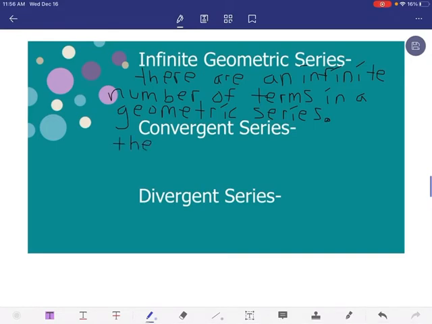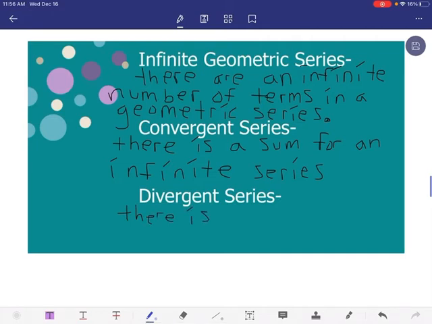Now, if it's a convergent series, that means that there is a sum for an infinite series. And if it's a divergent series, that means that there is no sum.